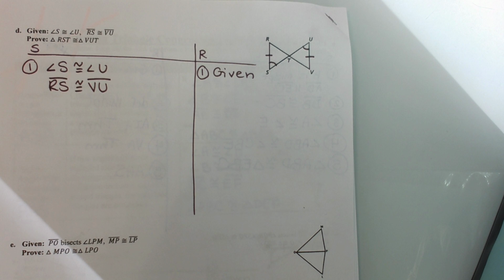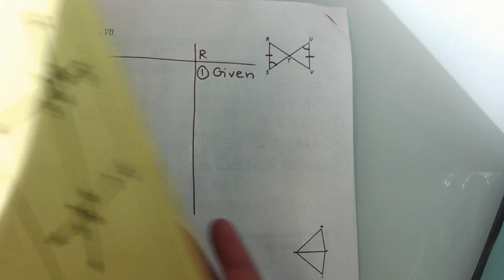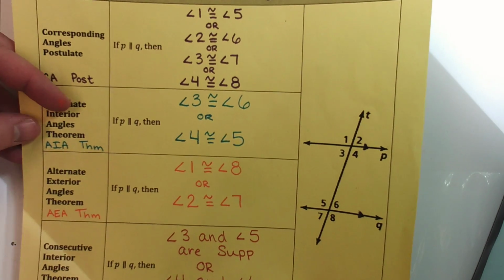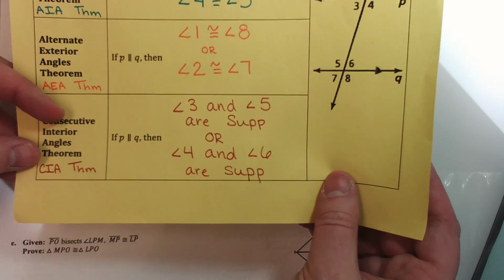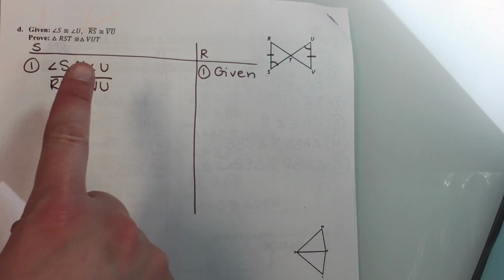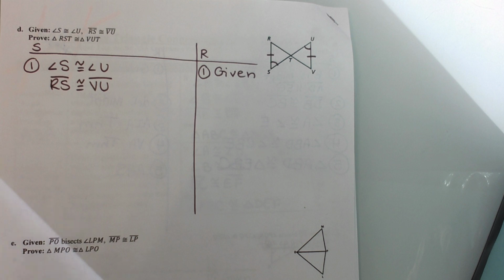What is necessary to do alternate interior angles or corresponding or AEA or CIA? If parallel, if parallel, if parallel, if parallel. Do I have parallel? No. Do not do anything with these four angle pairs unless you see parallel. You have to do something else.